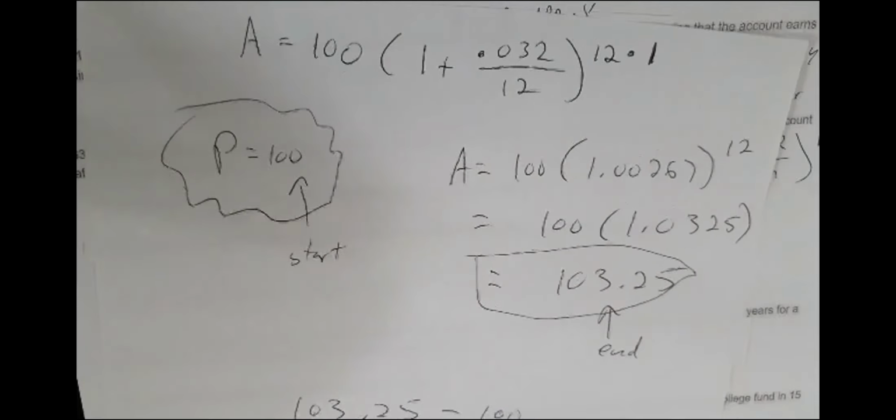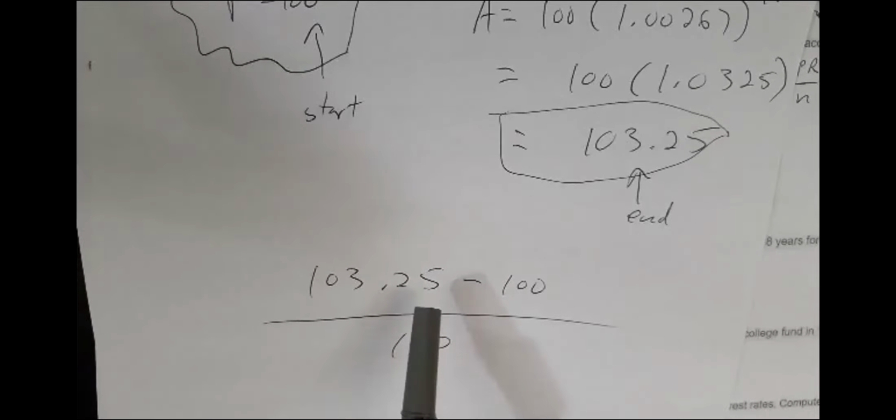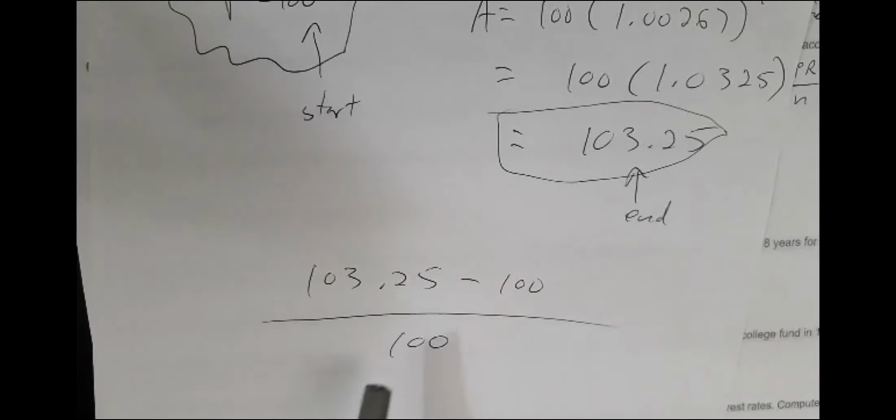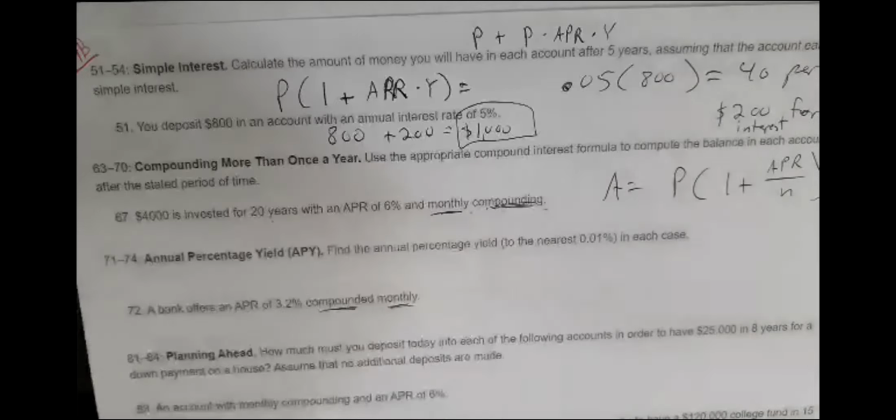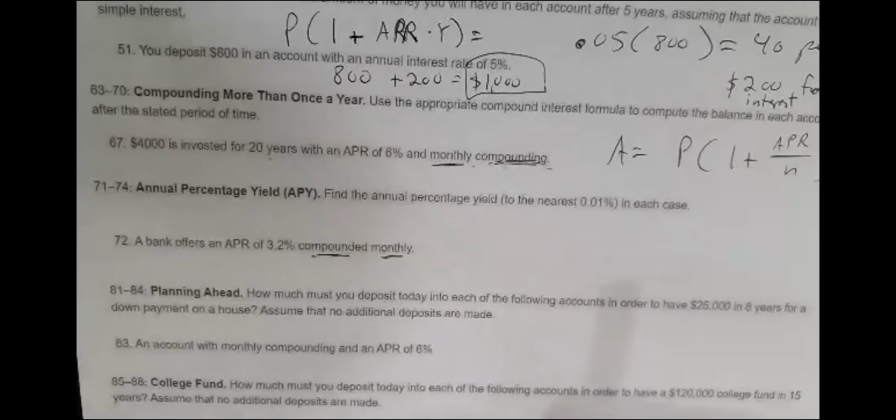It's probably easy to do it 100 here because I know in the end I'm going to have to do a relative difference. So if I end up dividing by 100, it makes it really easy to solve this thing. So this was just knowing where I was going to go and planning ahead a little bit. Okay, but that's how you find APY to the nearest 0.01%.